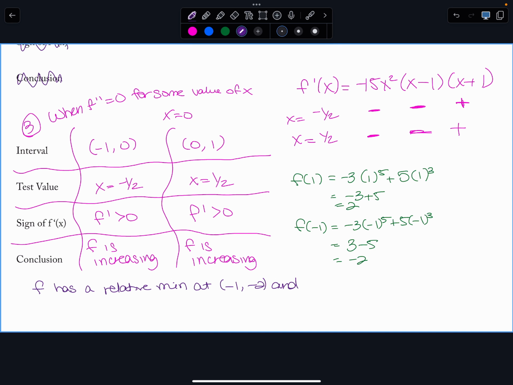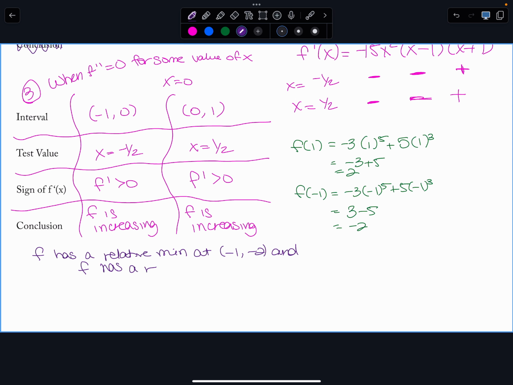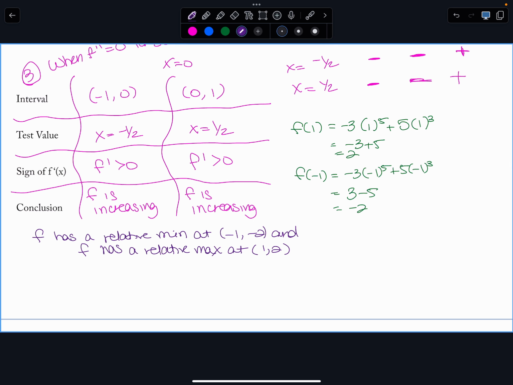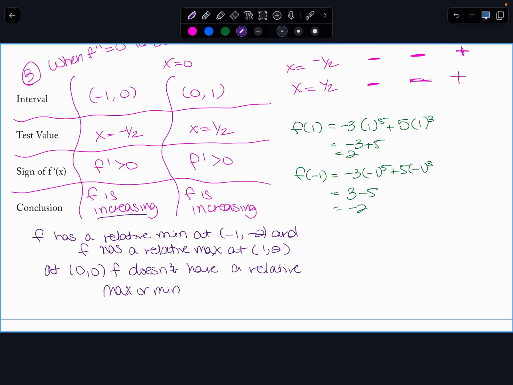And f has a relative max at 1 comma positive 2, and at 0, 0 f doesn't have a relative maximum because they were both increasing.